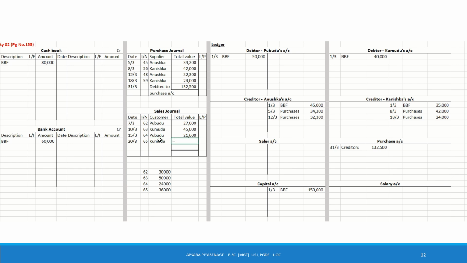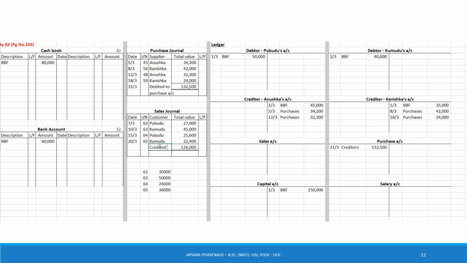So from this 36,000, we have to deduct 10% discount. The total is 126,000. This total credit sale should be credited to the sales account.